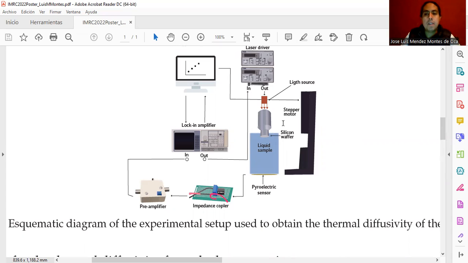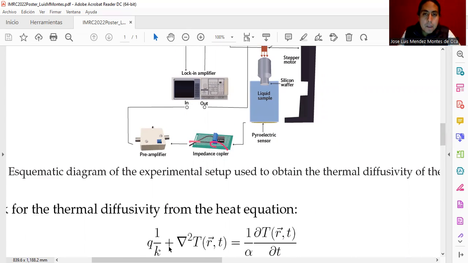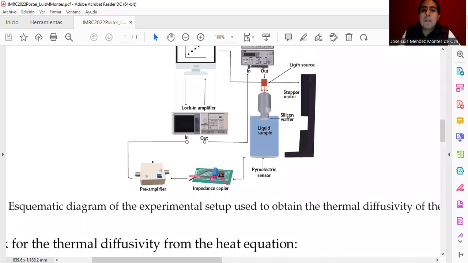In this way we can obtain a voltage amplitude and a phase without noise. And here, finally, we have a stepper motor, which permits moving the silicon wafer up or down to make measurements at different lengths from the pyroelectric sensor.